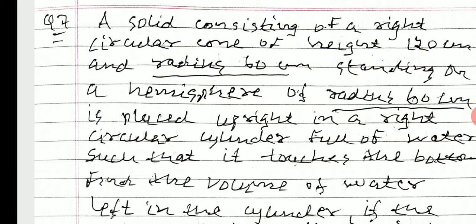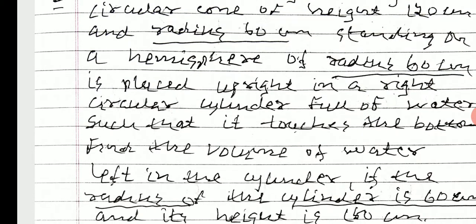A solid consisting of a right circular cone of height 120 cm and radius 60 cm standing on a hemisphere of radius 60 cm is placed upright in a right circular cylinder full of water such that it touches the bottom.